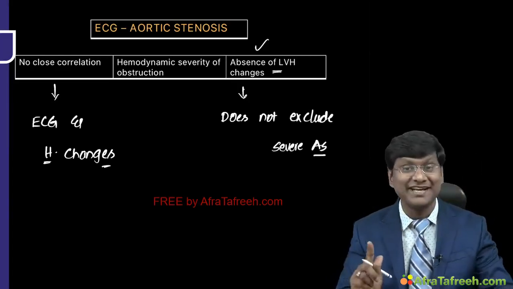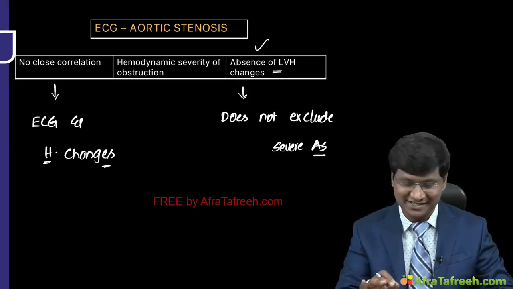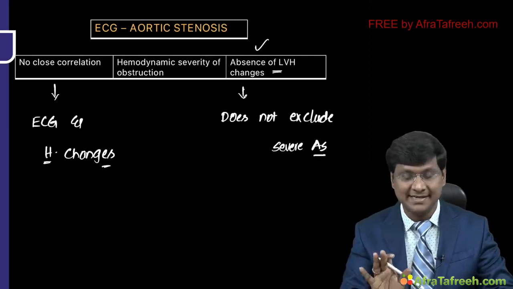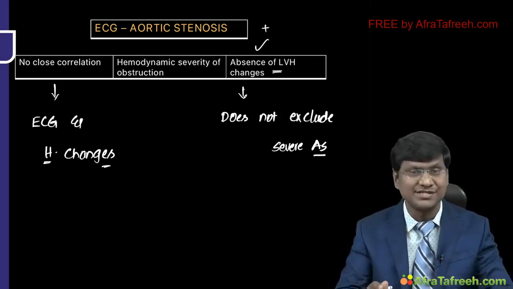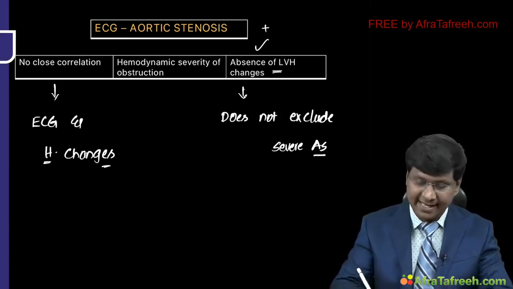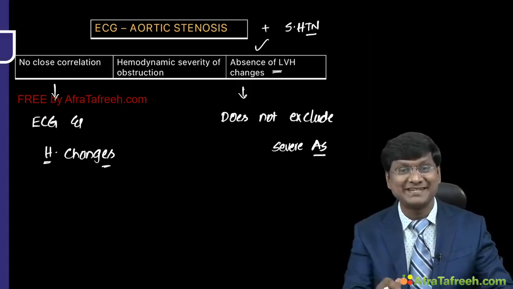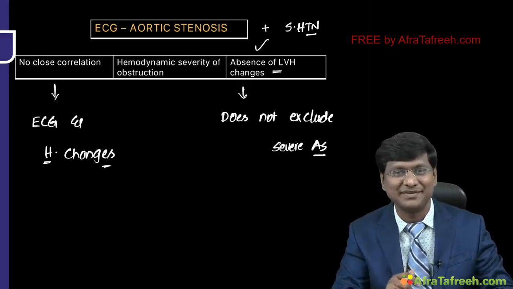Right, this does not exclude severe aortic stenosis or the severe obstruction. So that is the importance of the ECG you need to understand. And most of the time, patients with aortic stenosis can also have coexisting systemic hypertension. And once there is coexisting systemic hypertension, that will also contribute to the development of the hypertrophy.